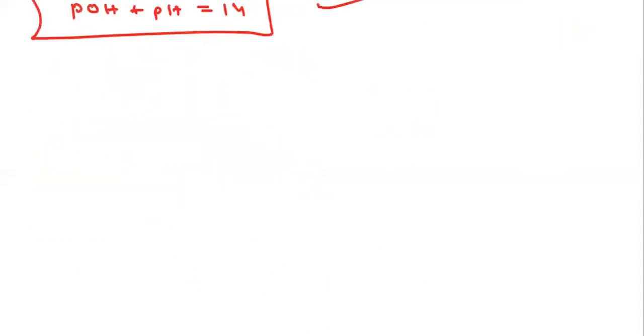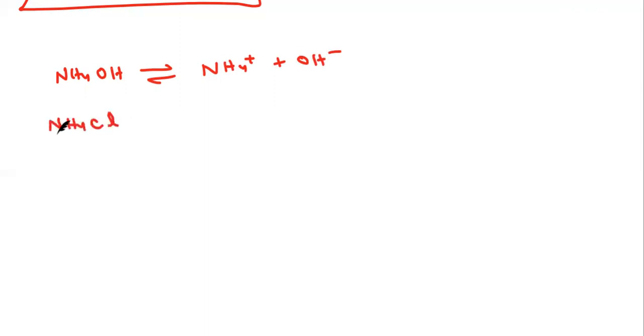See, if you have NH4OH, which is a weak base, it is in equilibrium, and of course it is going to get ionized. So you will get NH4 plus and you will get OH minus. Now you also have the salt, NH4Cl. But the salt is not in equilibrium, so it is directly giving the product, and it is not going back.